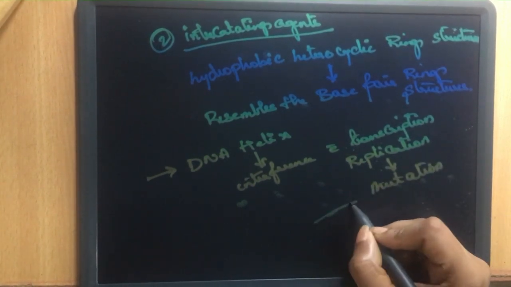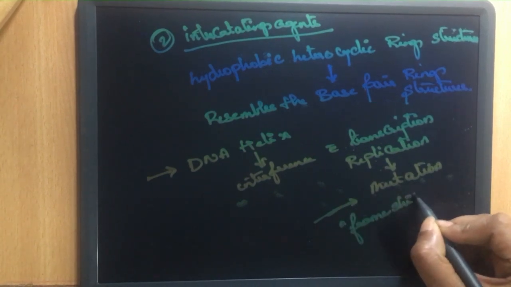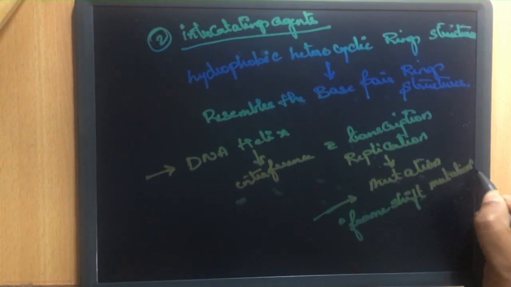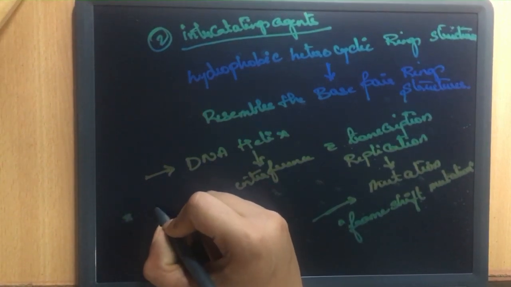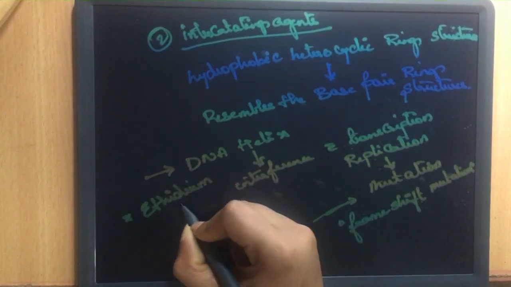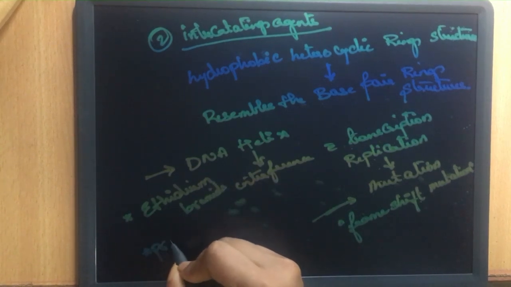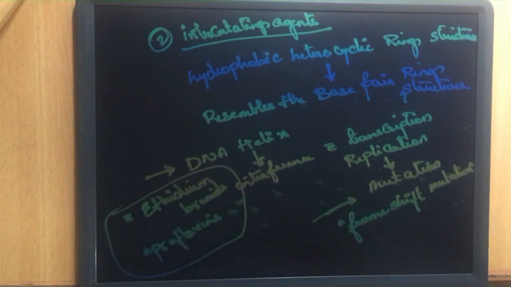The mutation here is mostly caused by frame shift mutation. The best examples we can have here are ethidium bromide or proflavin. These are the examples of intercalating agents. Okay, now let's move to the third type.